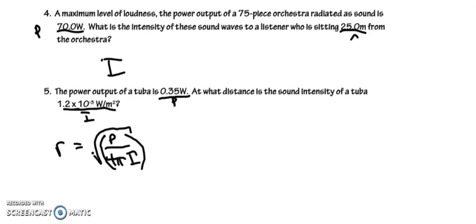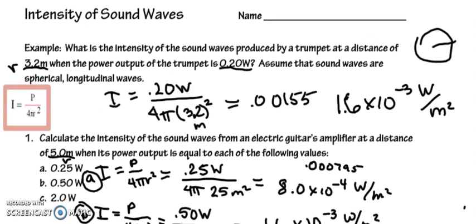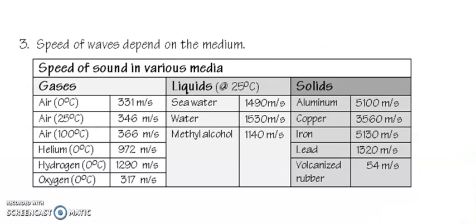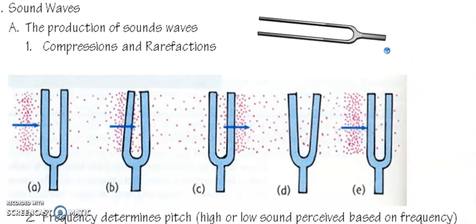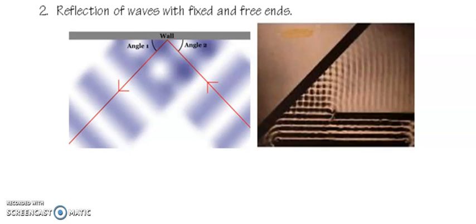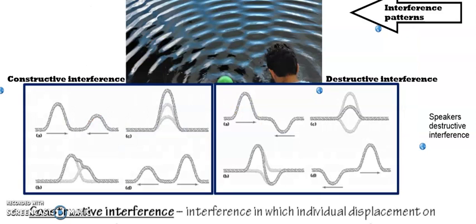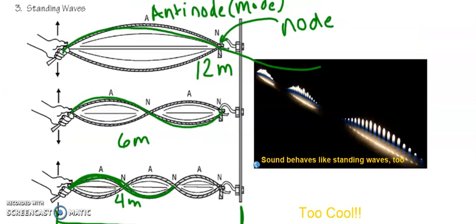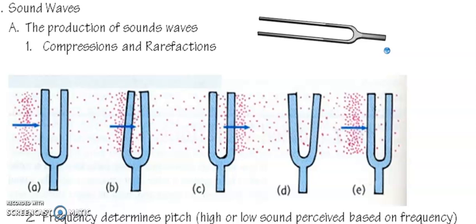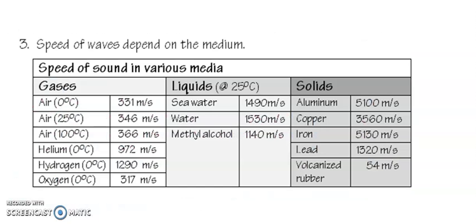So we've been talking about several things, from constructive and destructive interference, how that creates standing waves, how we then got into sound, and then these different properties of sound. So we're going to have a quiz early next week on the different sound properties.